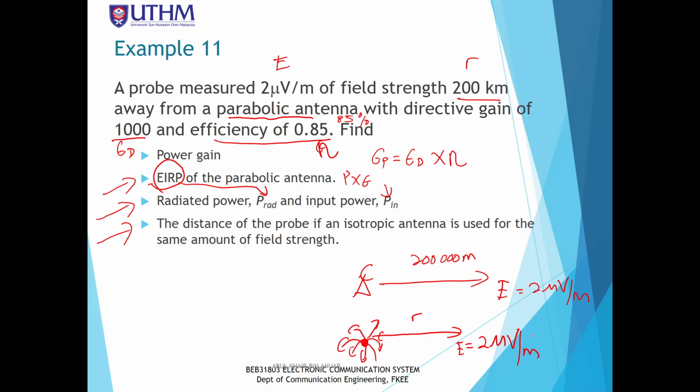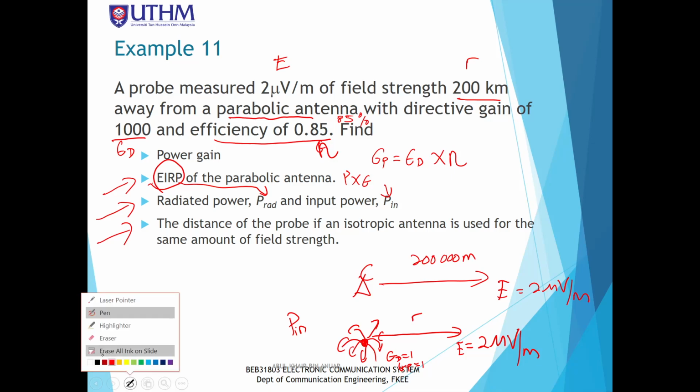Soalan tanya, kalau kita tukar kepada isotropic antenna dengan power yang sama dan E field yang sama, berapakah jarak sebenarnya? Remember, for the isotropic radiator, the gain is equal to 1. GD is 1, GP is also equal to 1. And here we use the same input power.